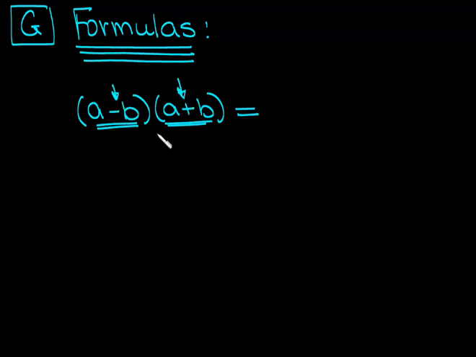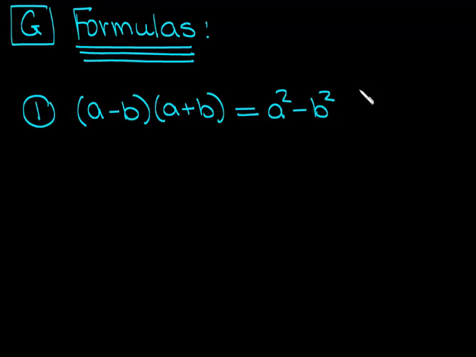And then when we multiply them, we just get the square of the first minus the square of the second. All you do is square the first number, put a minus sign, square the second number, and you're done. So this formula we've already been using in the previous section, and I just showed you some examples. So this is the first formula you need to know.